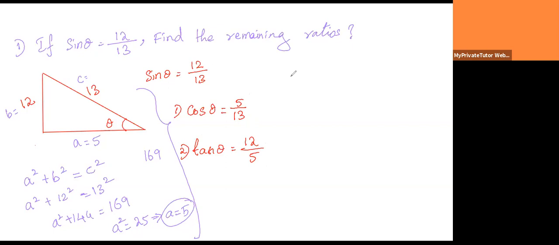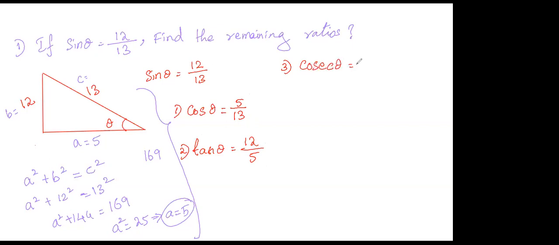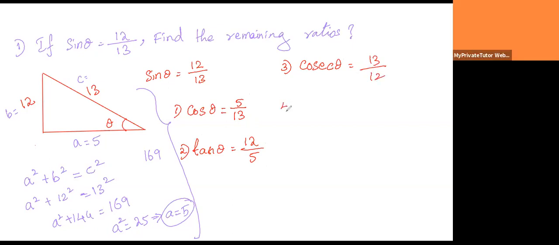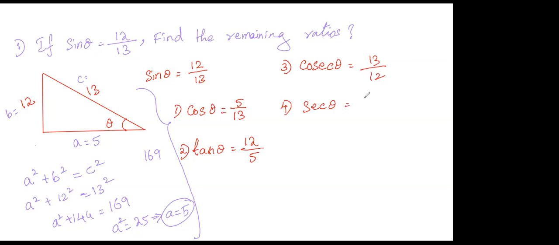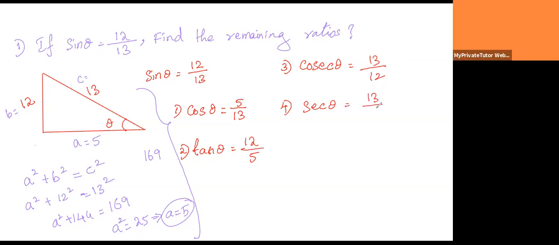We have the other three, so it is very easy now. Cosecant theta is 13 over 12. What else? Secant is 13 over 5, just the reciprocal of cos theta.